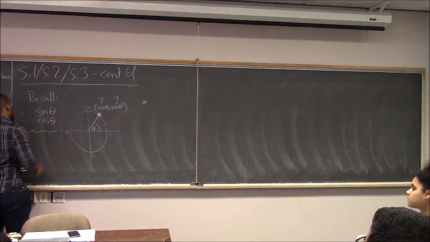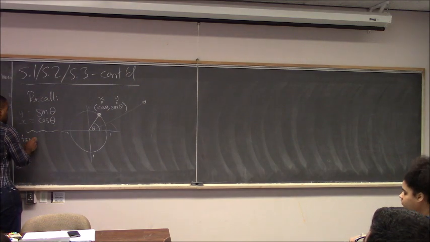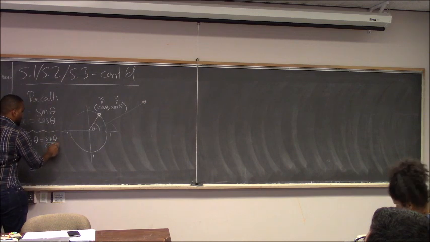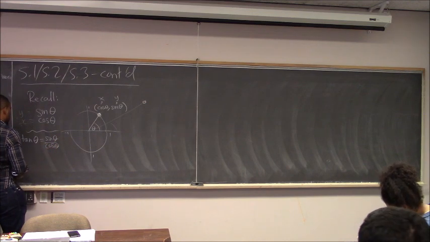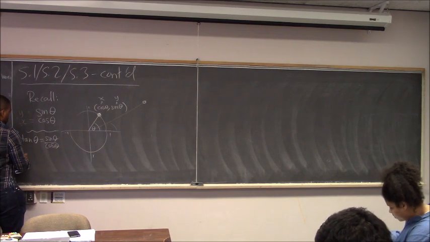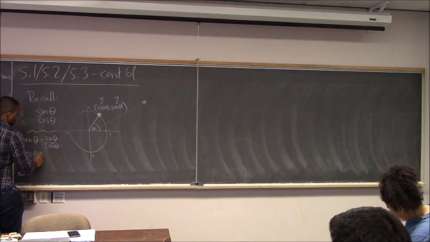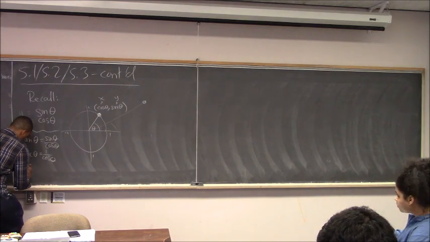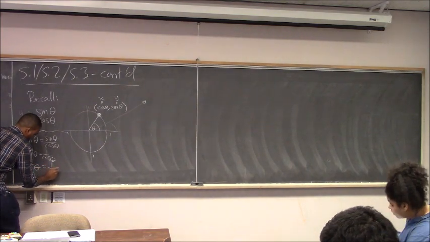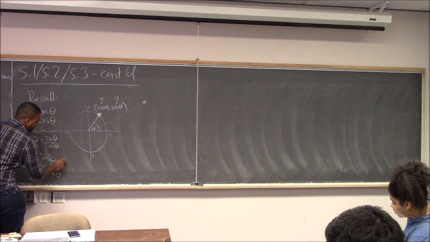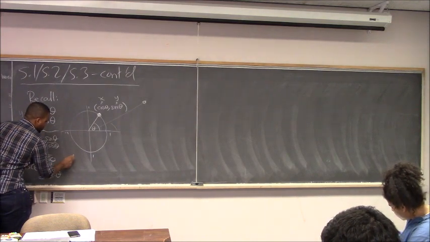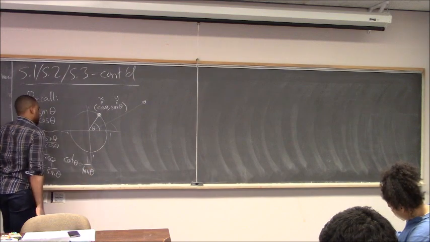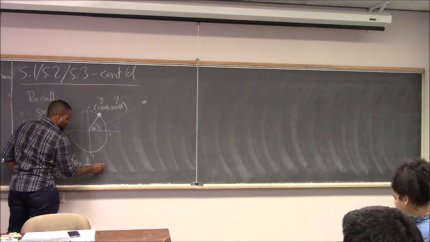We also saw that we defined some other functions in terms of their ratios. So tangent was defined as the sine function divided by the cosine. We saw that the secant was 1 over the cosine. We saw that the cosecant was 1 over the sine function, and we saw that the cotangent was 1 over the tangent function, which you can think of as cosine over sine.